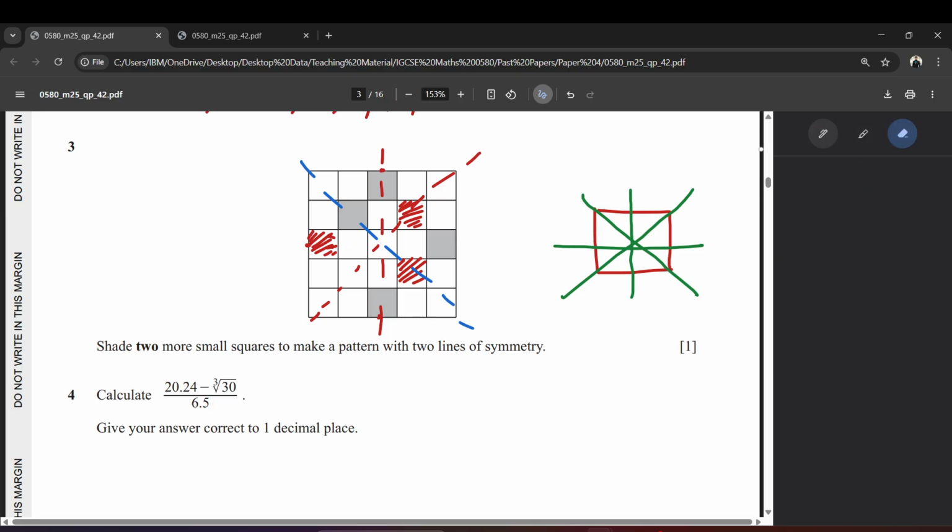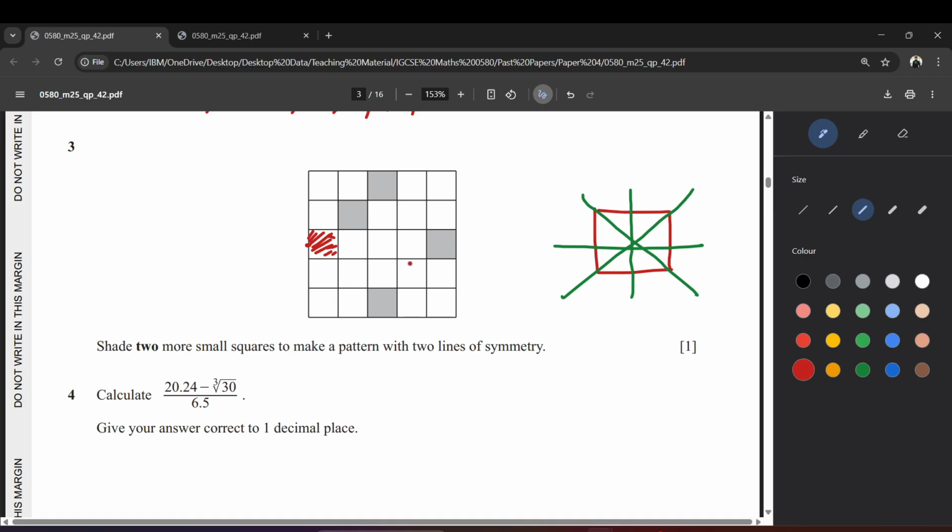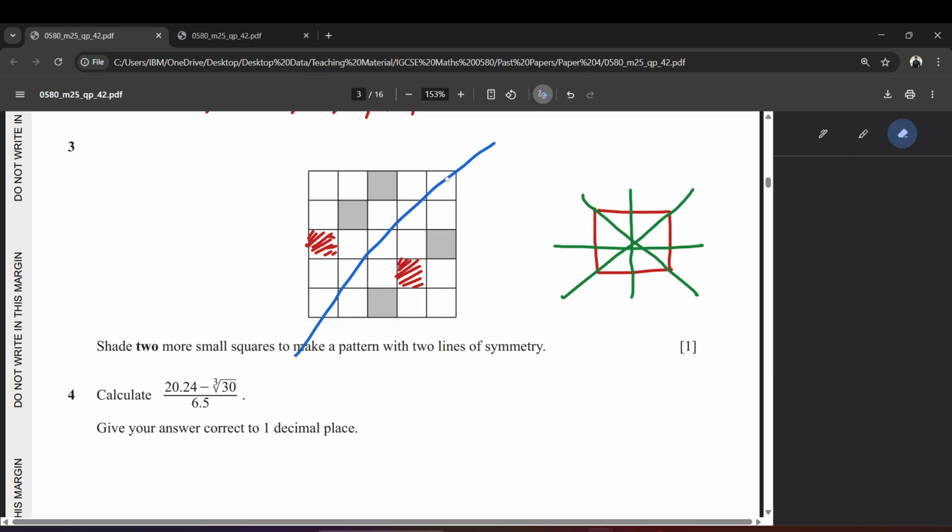What I mean by that is, let me redraw it so that you can see clearly. Let's say I shade these two boxes, and now I draw my line of symmetry from here to here, the diagonal. Sorry, just a minute.